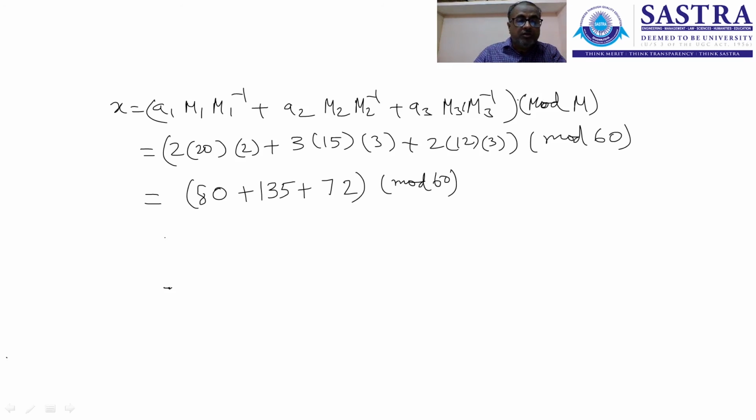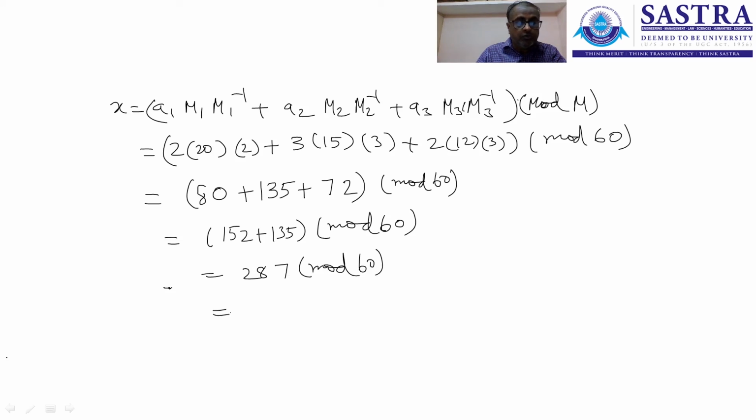Okay, so now this would give you 152 plus 135 mod 60. So this would give you 287 mod 60. So now I have to take the highest multiple of 60. Okay, so when I remove 60 into 4, 240, I'll have the answer as 47. Okay, so the value of x turns out to be 47.